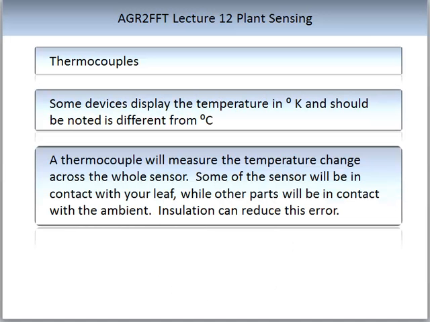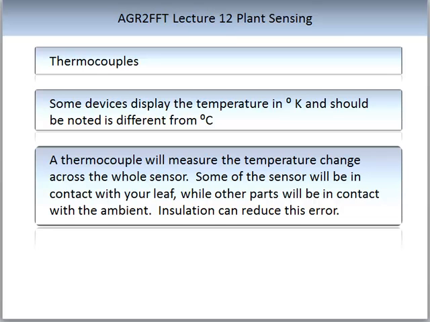Some devices will display the temperature in degrees Kelvin. Please note this is different from the preferred unit of degrees C. A simple conversion can convert your degrees Kelvin to degrees C. One important aspect of a thermocouple is that it will measure the temperature change across the whole sensor.